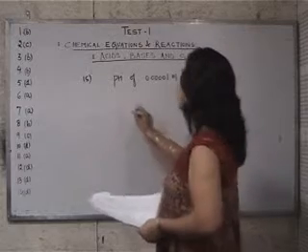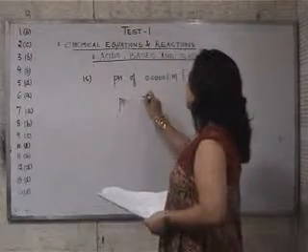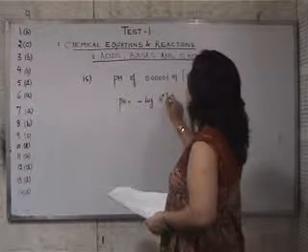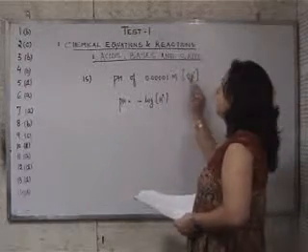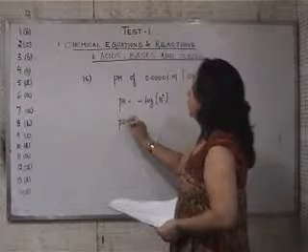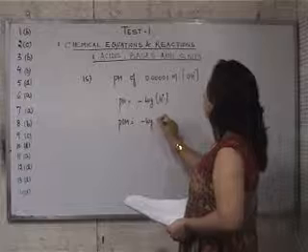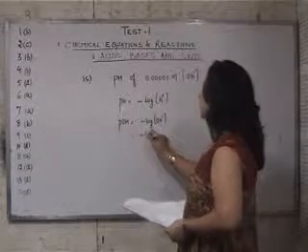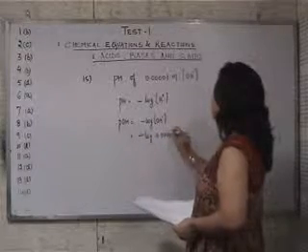What is its pH? Now we have pH. pH is negative log of H positive ion concentration. When it is OH negative ion concentration, we can calculate pOH. pOH is negative log of OH negative ion concentration. This becomes negative log of 0.0001.